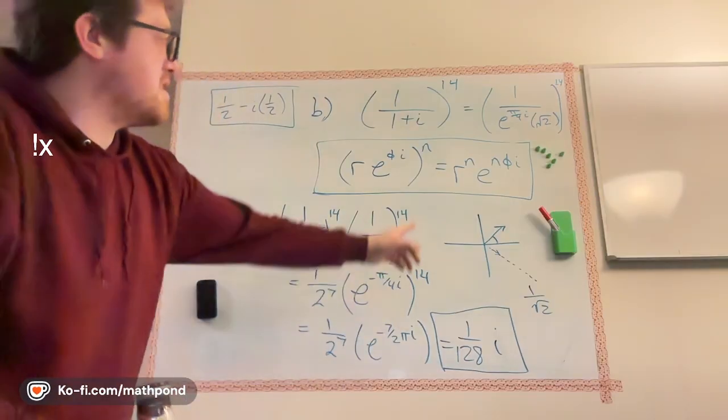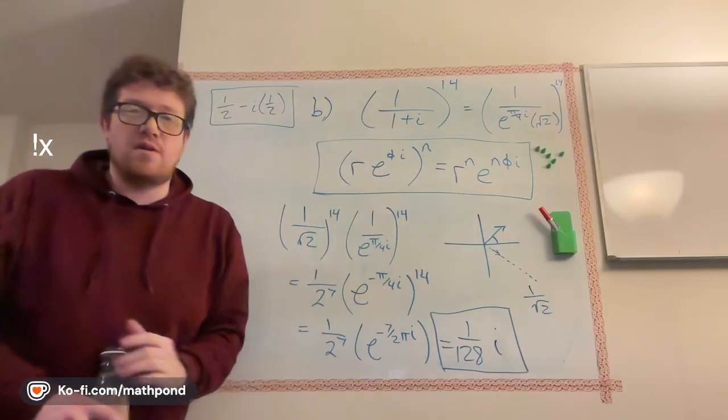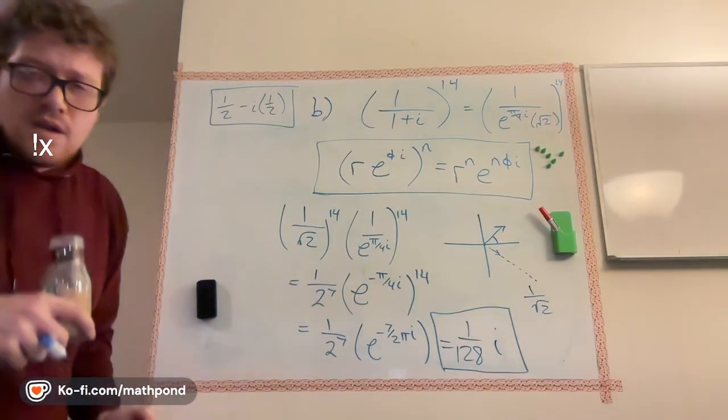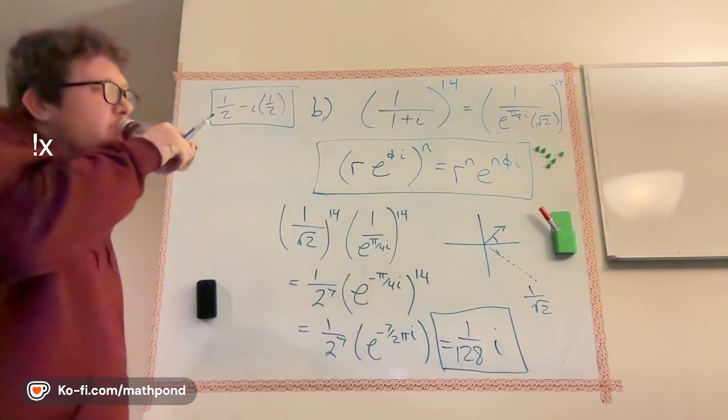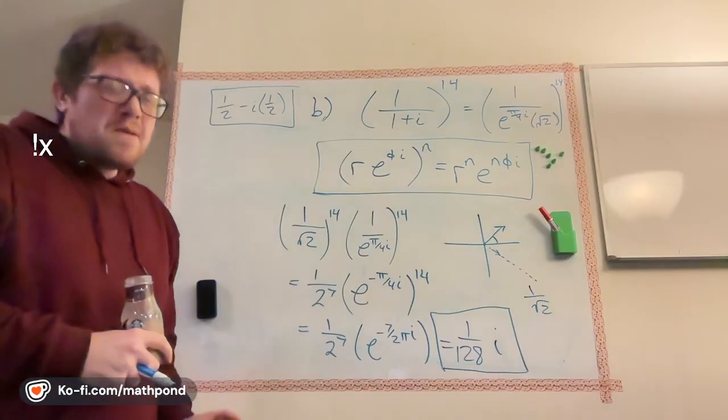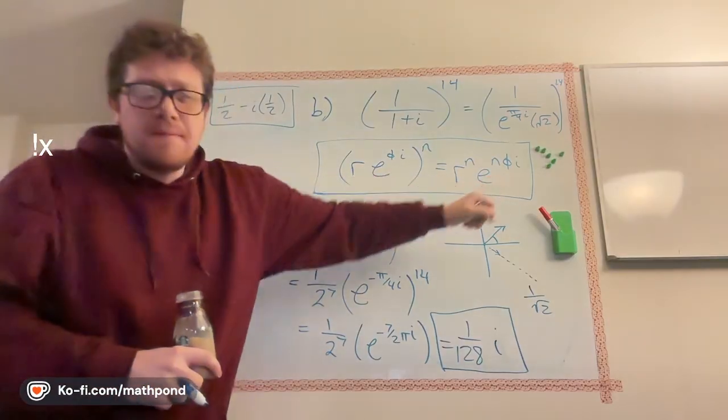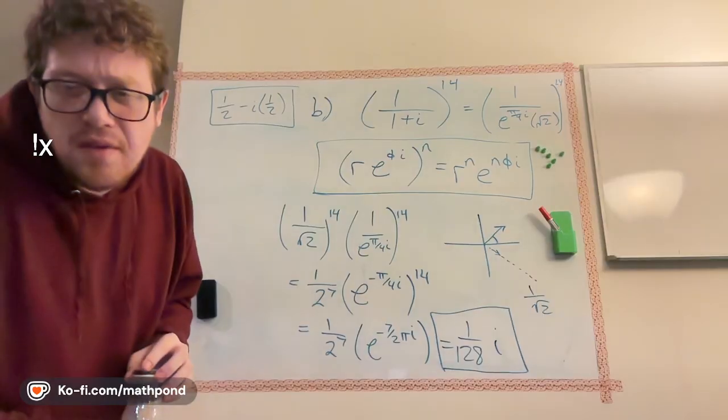Yeah, but that's equivalent to this, right? Because of Euler's formula. Yeah, the thing you wrote is this, right? Without the r.